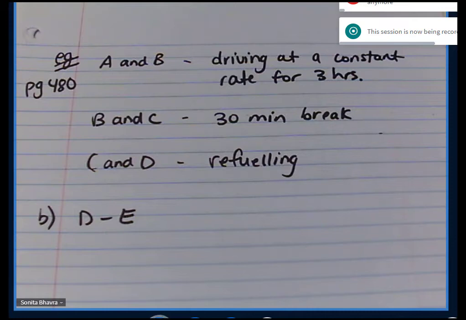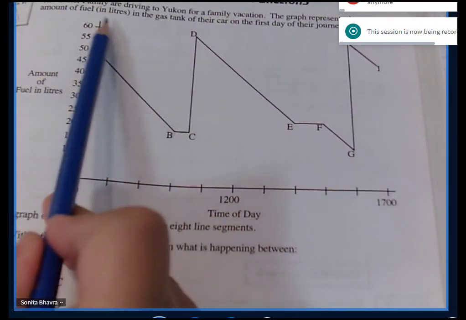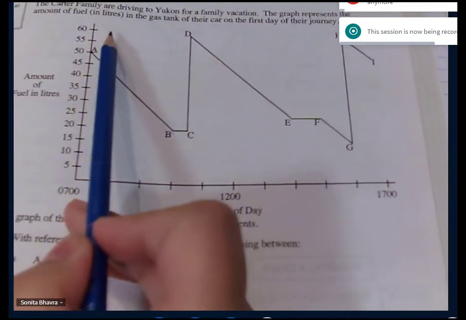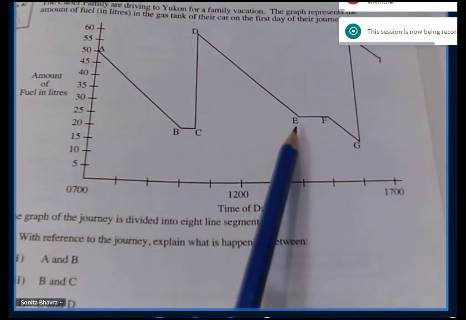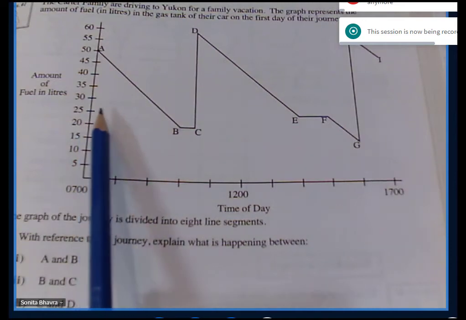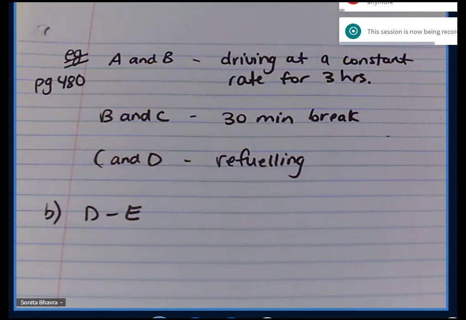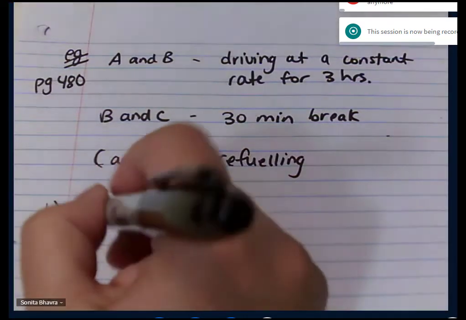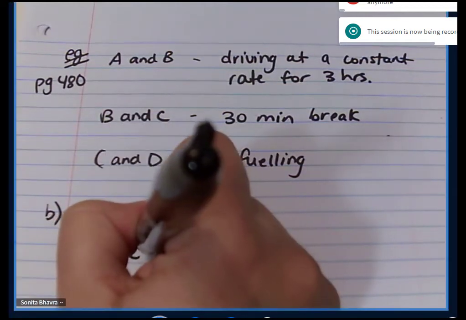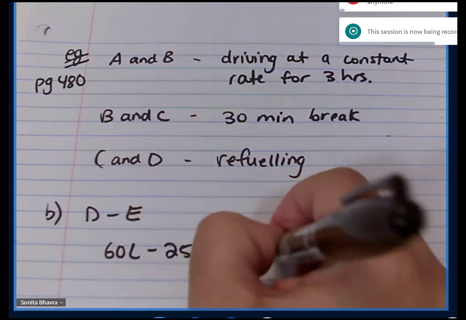So if we look at our graph from D to E, so we're going from D, 60 liters of fuel at D, all the way down to E, which is 25 liters of fuel. So we will subtract those two quantities. So 60 liters minus 25 liters gives us 35 liters.